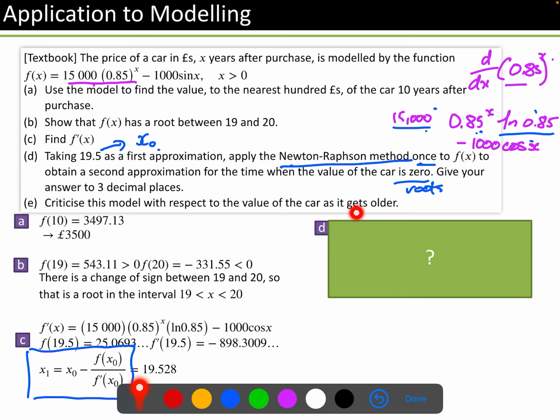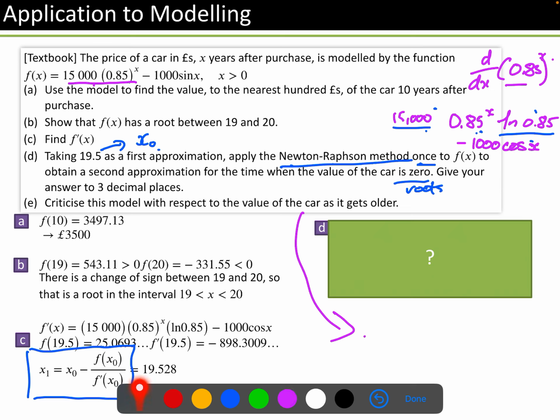Criticize the model with respect to value as this gets older. As we speak, on a paper from this year, I've seen a question all about this as well. So the classic thing that they like to say is there's two problems, isn't there?